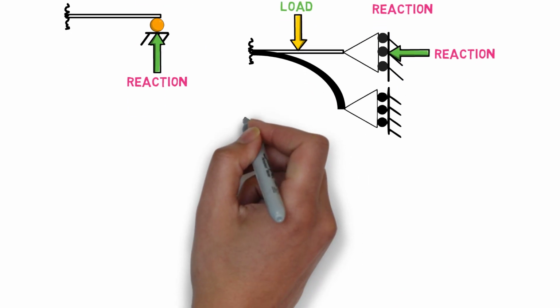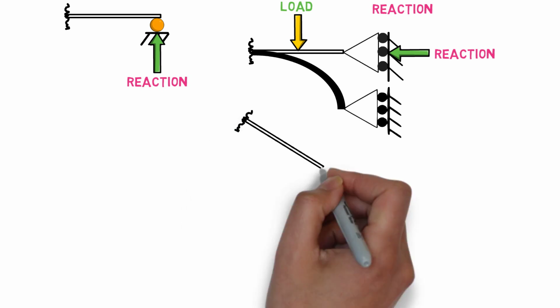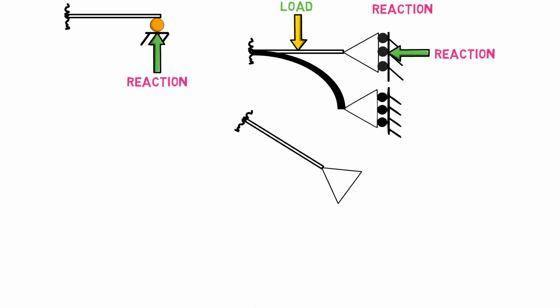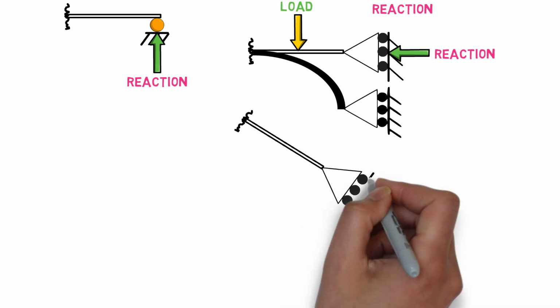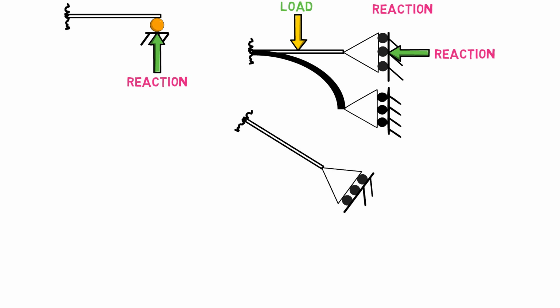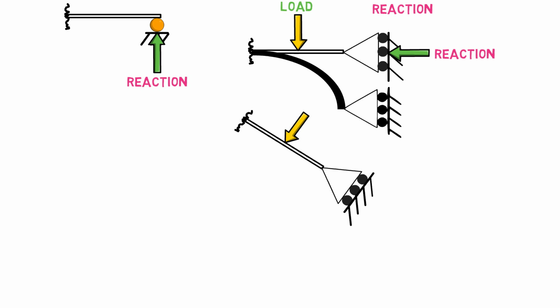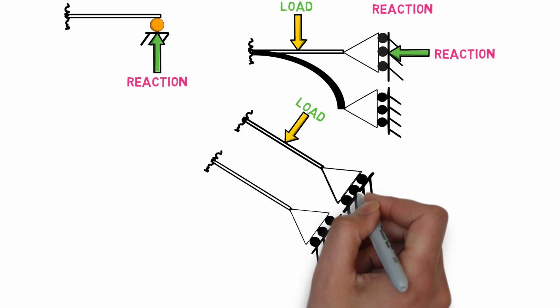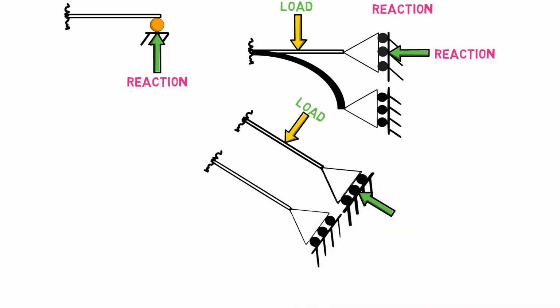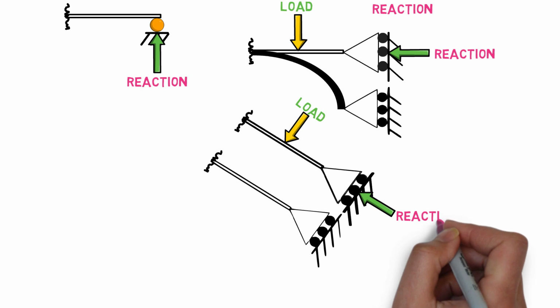Finally, in the last case, the roller support is neither placed vertically nor horizontally. It is inclined at some angle so that the support will move along the inclined plane and the reaction will be perpendicular to its plane of rolling.